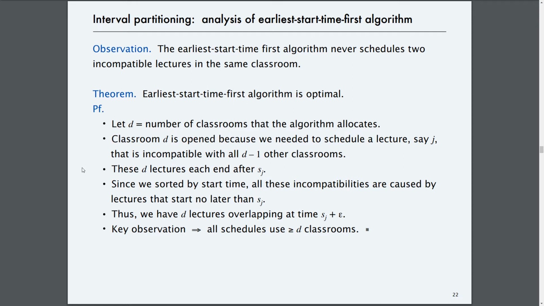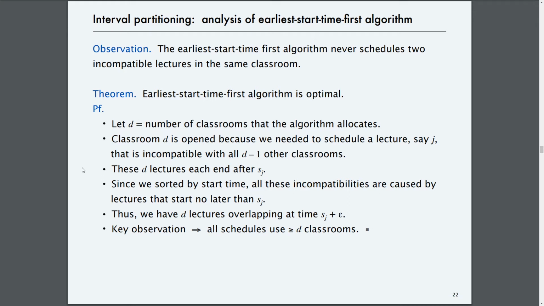And these D lectures each end after the start time of our current lecture. Now, since we sorted by start time, all these incompatibilities are caused by lectures that start no later than our current job.